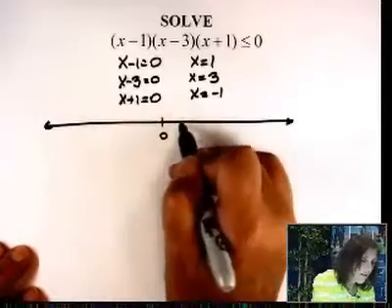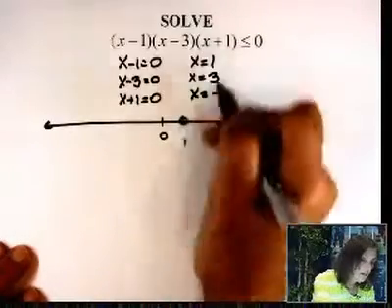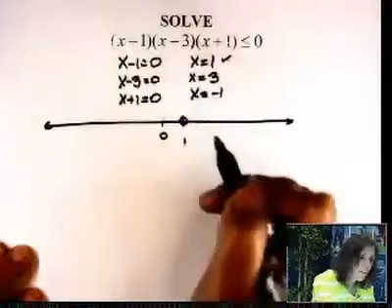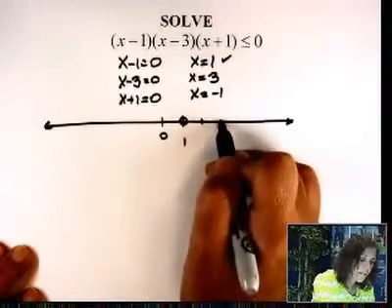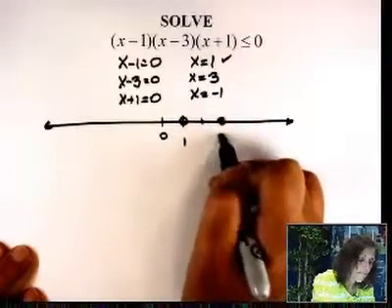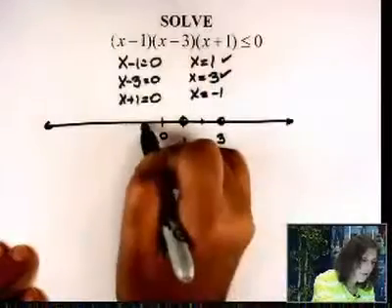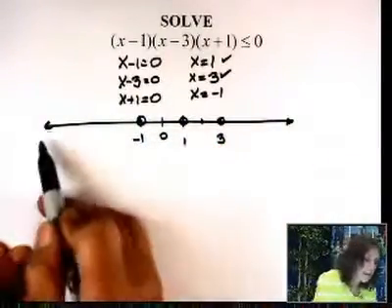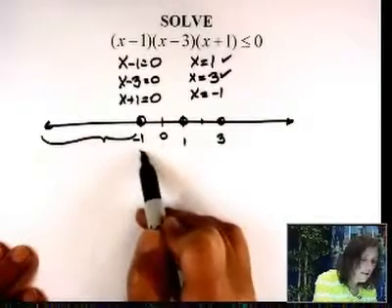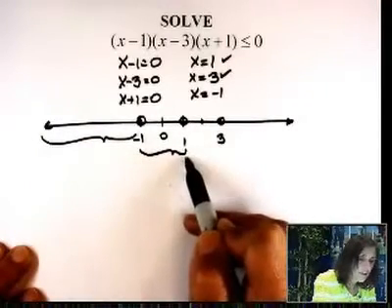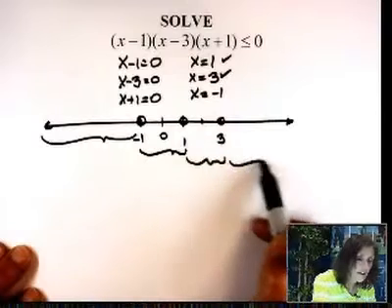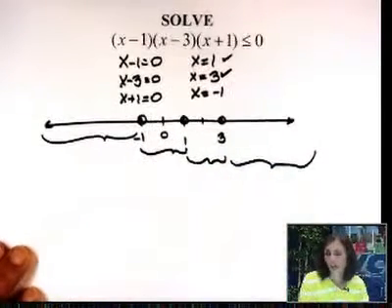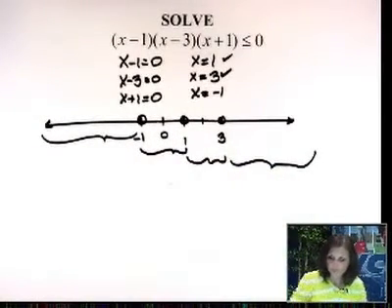All right, 1, this guy, 3, this guy, -1, this guy. How many regions do I have? Here's 1, here's 2, here's 3, here's 4. I have to go test them.